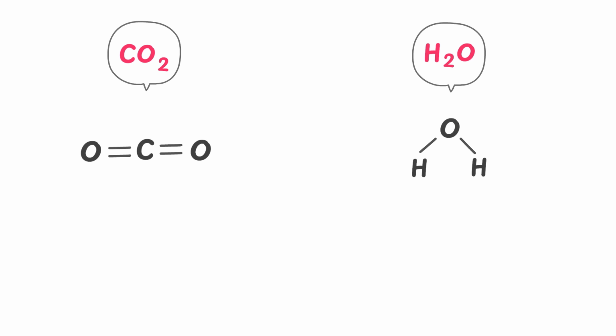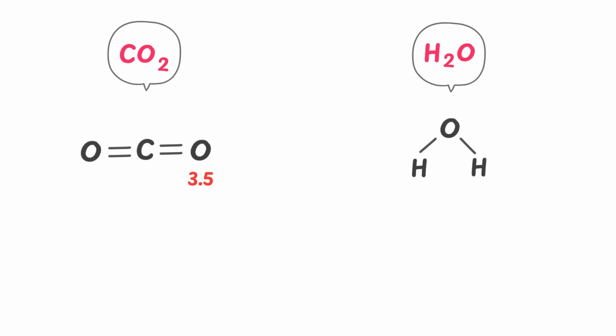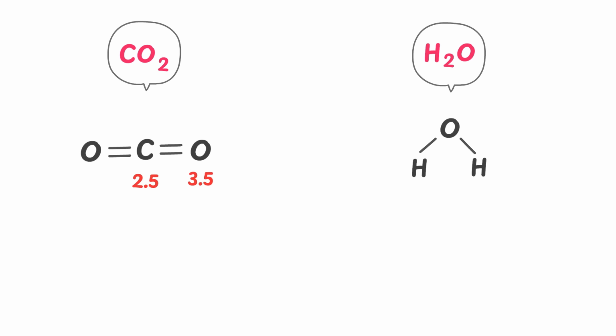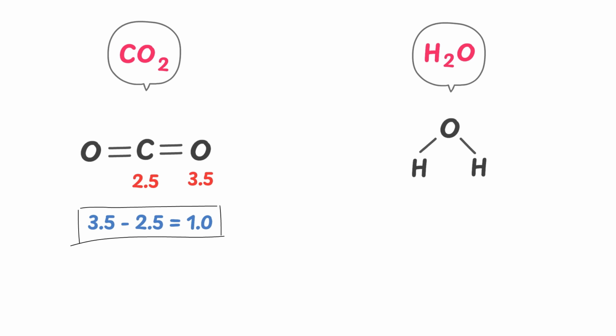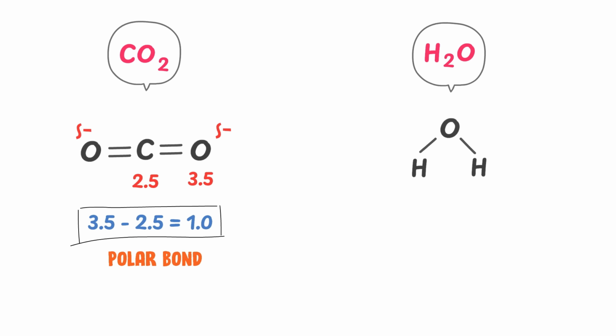Here, the electronegativity of oxygen is 3.5 and the electronegativity of carbon is 2.5. The electronegativity difference between them is 1, so the bond is polar. As a result of this, partially negative charge appears on oxygen atom and partially positive charge appears on carbon atom.